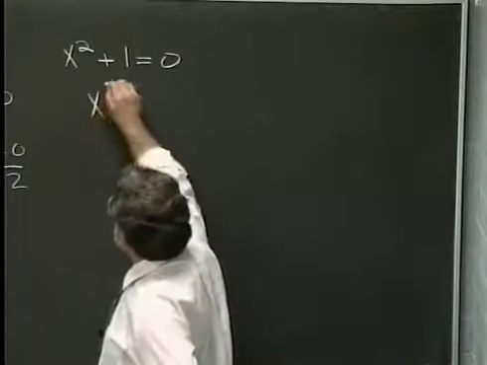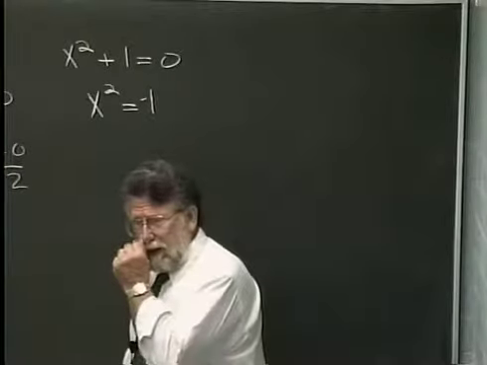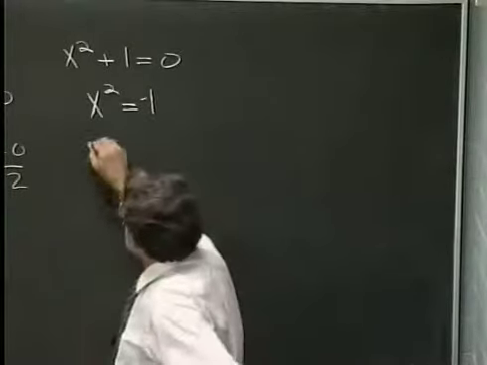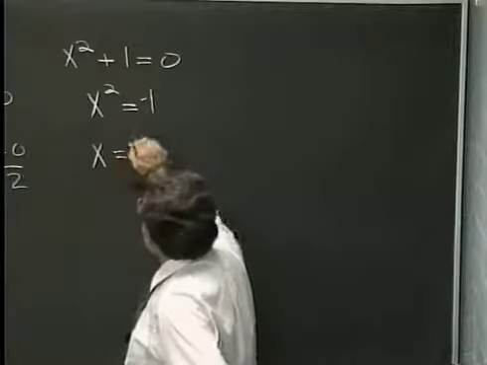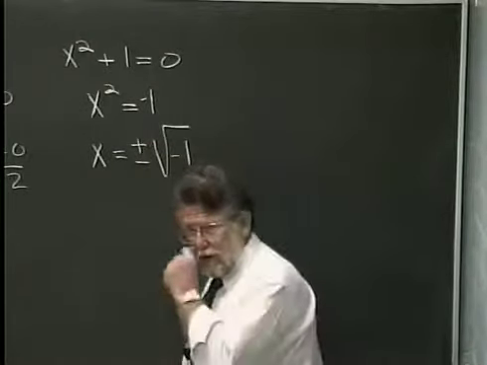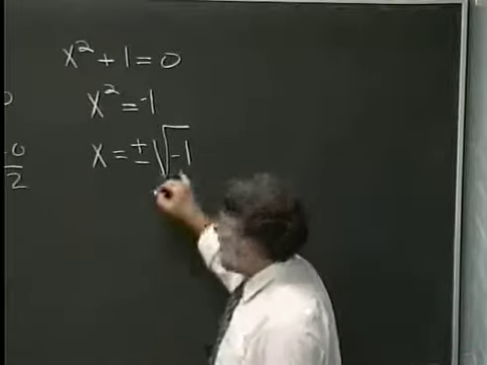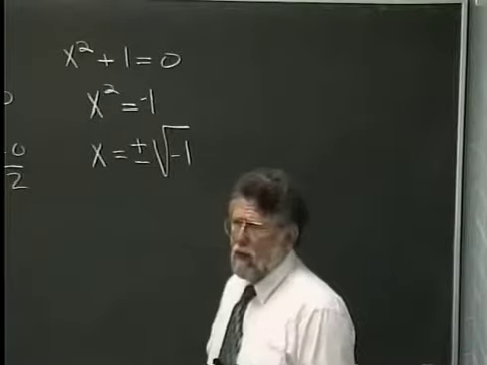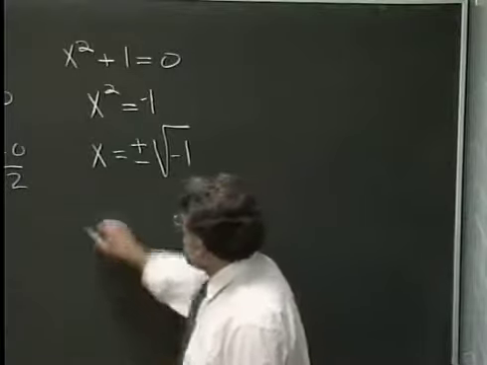If we approach our new technique, which is to isolate the x squared, then I have x squared is equal to negative 1. And then that says that x must equal plus or minus the square root of negative 1. If we're going to have two solutions, we're going to have to identify what the square root of minus 1 is.